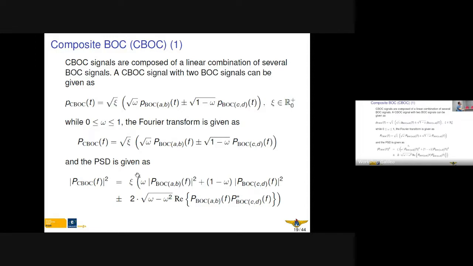So you see it's a linear combination of the power spectral density of a BOC AB and the BOC CD with the weighting coefficient, weighting the power between the two. And then we also have a cross term based on the Fourier transforms and the conjugate Fourier transform of the AB and the CD chip shapes. And we have here the Xi again as a weighting coefficient to normalize the power of the signals.